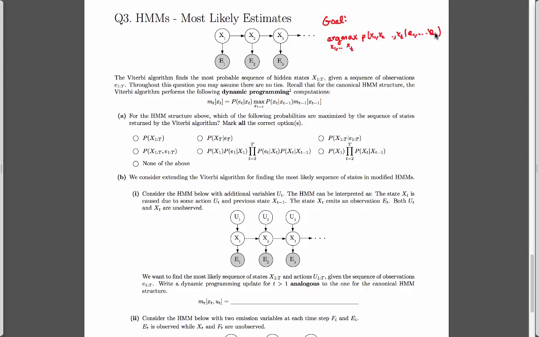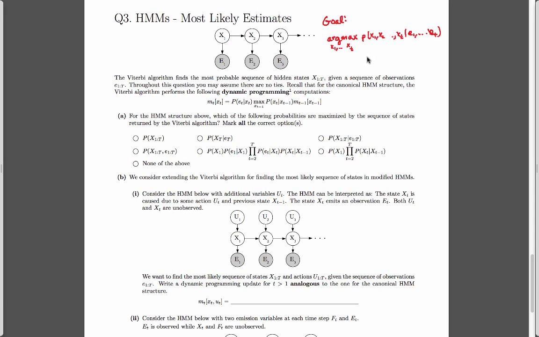So instead of finding some probability distribution at some time step, given the evidence up to that time step, you want to find the most likely sequence of hidden states given the evidence that you saw.